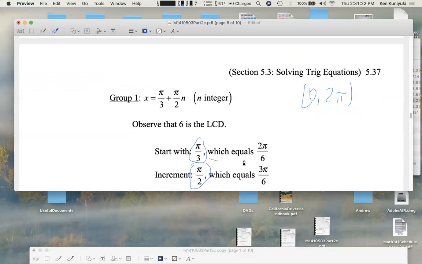Well, 3 times what is 6? 3 times 2 is 6, so we multiply the top by 2. Pi times 2 is 2 pi. Pi over 3 times 2 over 2 is 2 pi over 6. That's how we build up that fraction. For pi over 2, we're multiplying by 3 over 3, which is a form of 1. Pi over 2 times 3 over 3, we get 3 pi over 6.